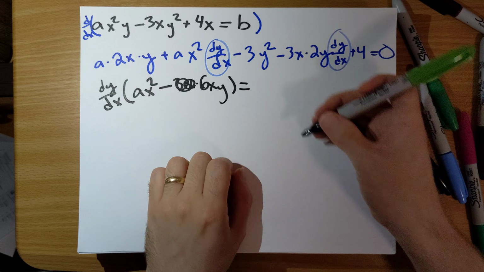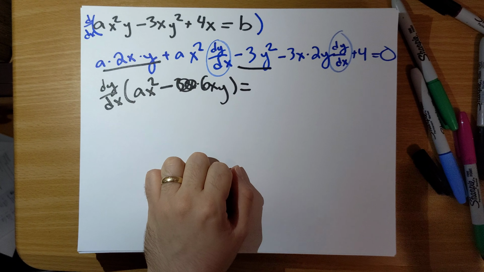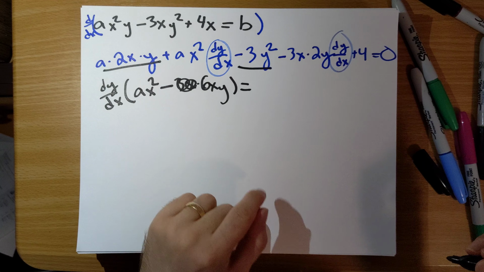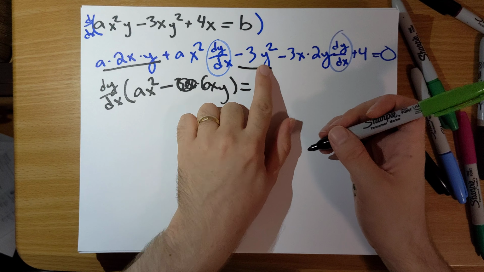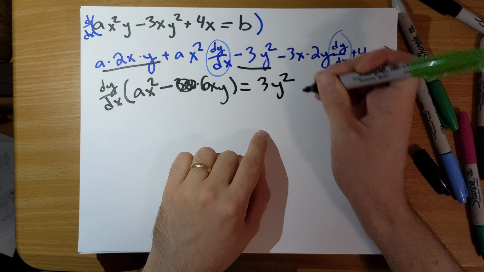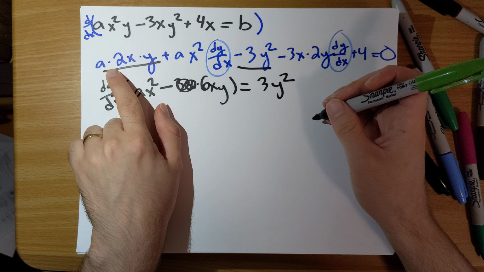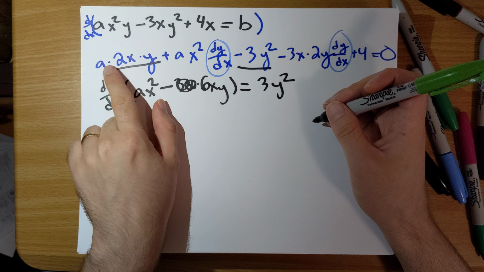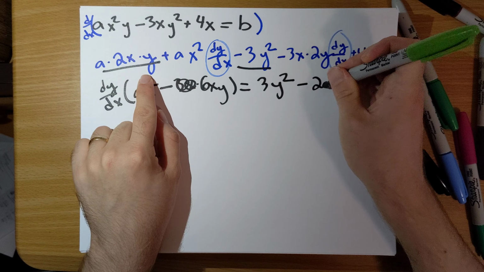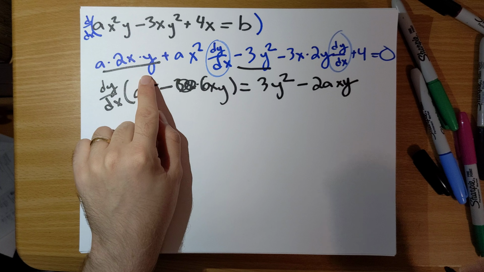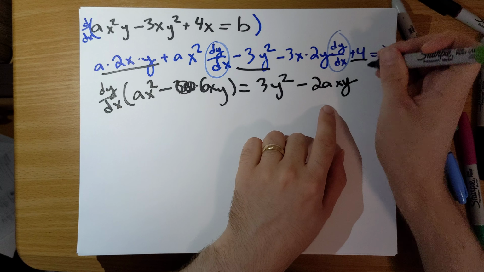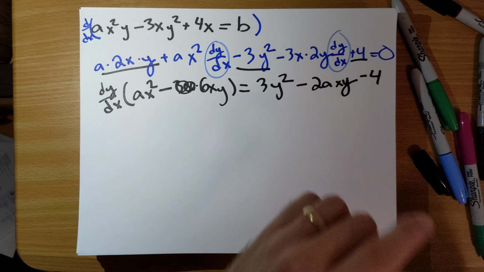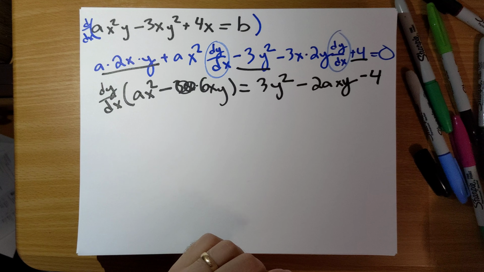And then all of the non-dy/dx terms need to go to the right. So negative 3y squared becomes positive 3y squared. 2axy becomes negative 2axy. And oops, there's one more over here. Positive 4 becomes negative 4.